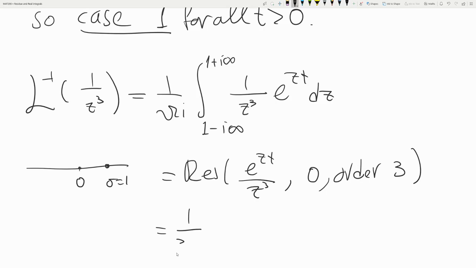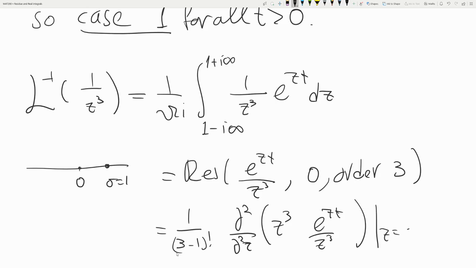So we have 1 over (3 minus 1) factorial, and then the second derivative in z of z cubed e to the zt over z cubed, evaluated at z equals 0.